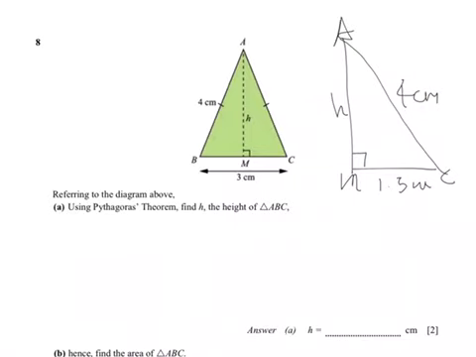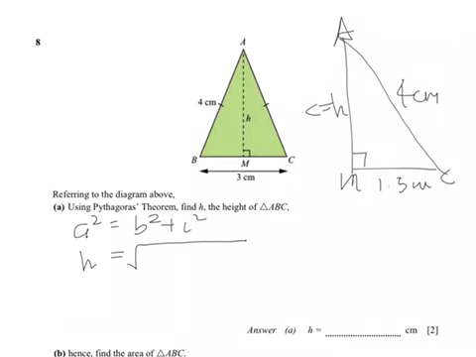Okay, so we all know that the Pythagoras theorem is given as such. All we need to do is just to find h after I have made h the subject, or make c the subject, because this is actually c, or b, whichever case it is.